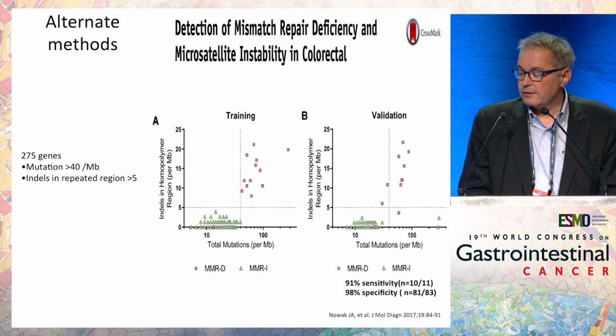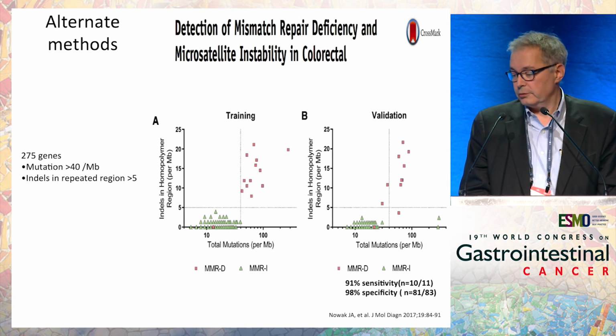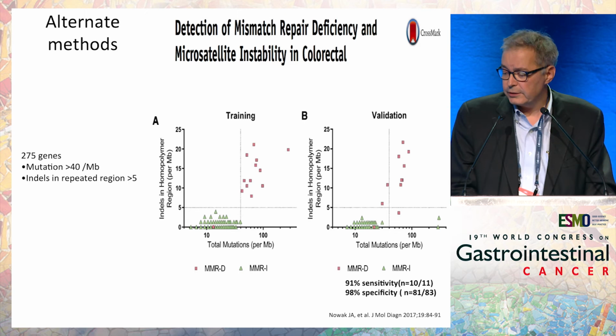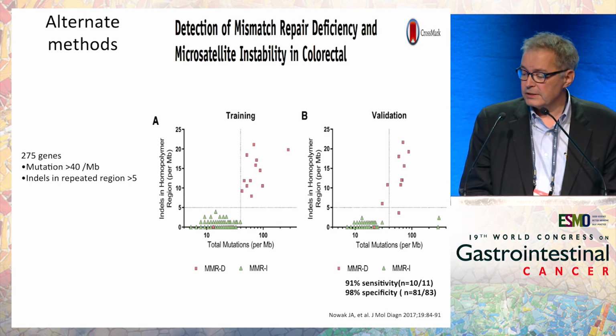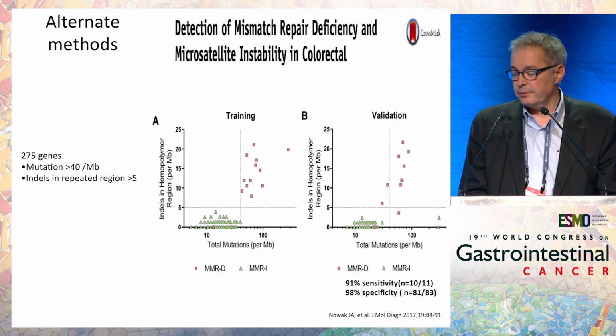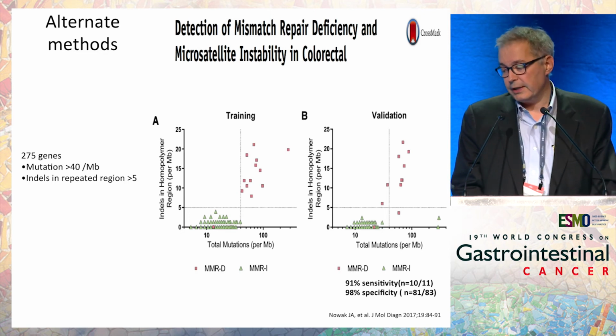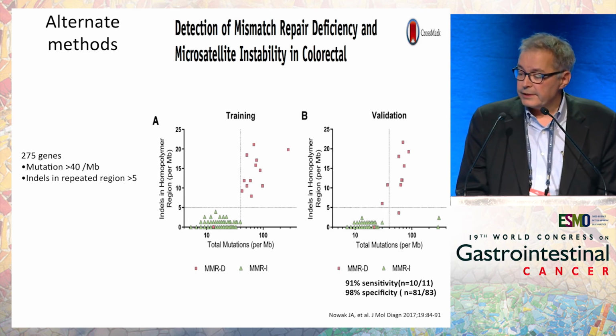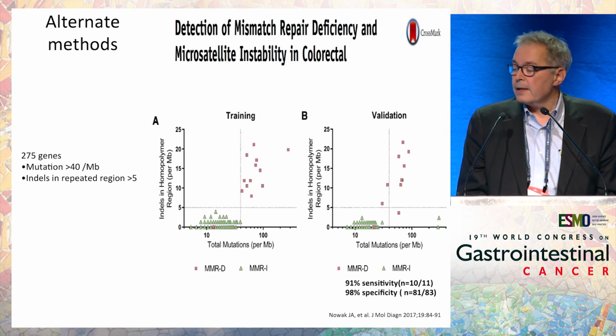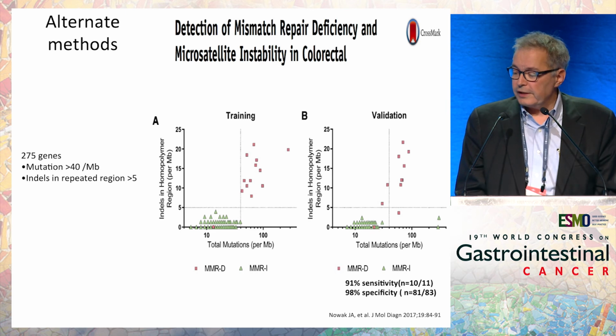So these are the cutoffs present by the line here. And as you can see, you have the mismatch deficient tumors in red and the proficient mismatch repair tumors in green. As you can see, in the training group there is a very good correlation with these different cutoffs, and also for the validation.